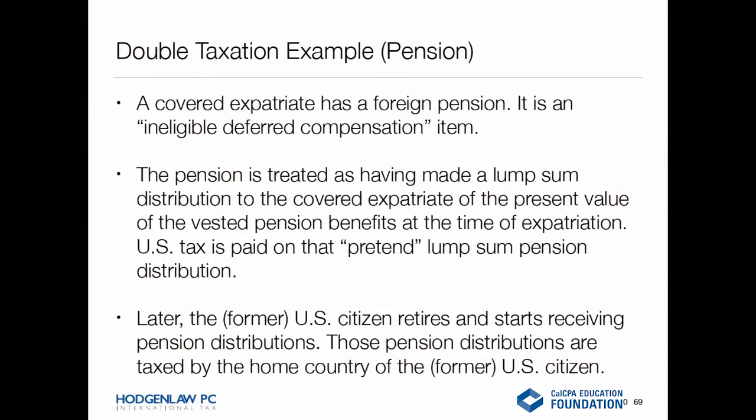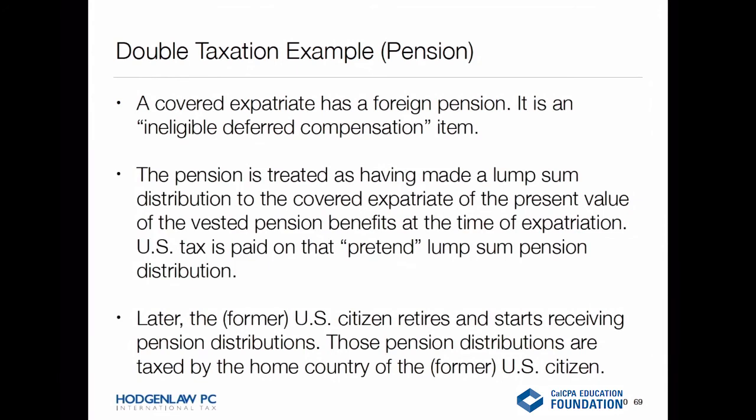And then here's a more difficult situation, because things like real estate or other assets are usually possible to sell, not always, but usually you can find a buyer. Something like a pension, a lot of times you don't necessarily have the ability to dispose of this, and so it becomes a bit of an issue. So the situation here is you have a covered expatriate with a foreign pension.